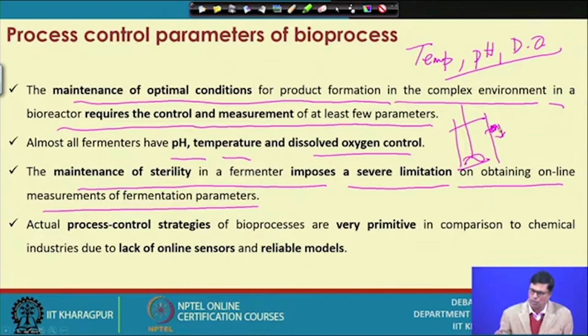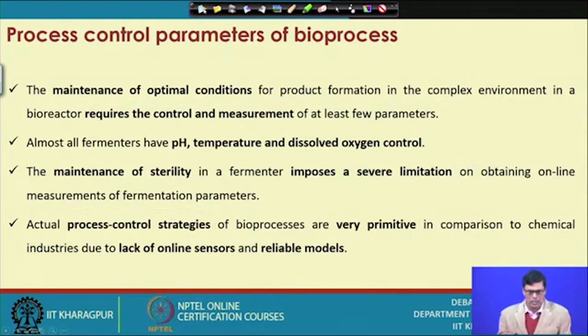Here we have a ball valve, and here there is a live steam line. First we pass the steam in this pipeline just to ensure the line is 100% sterilized. Then we open this ball valve and take the sample in a test tube, and then close it, and again we pass the steam to ensure that the pipeline is sterilized. That is how we try to maintain sterility in this fermentation process.